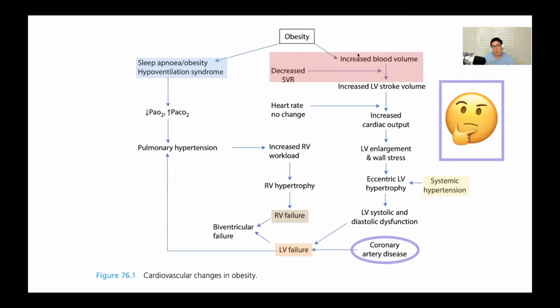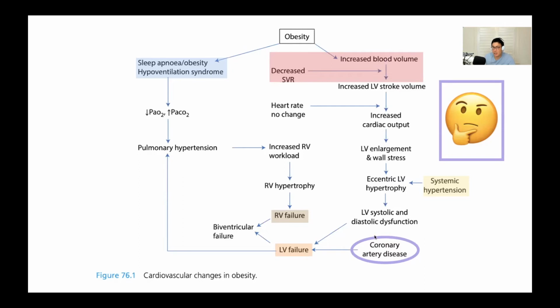The thing that I will credit Power and Cam for is this idea that coronary artery disease can cause left ventricular failure. And we certainly know that patients who are morbidly obese have an association with an increase in coronary artery disease, which can contribute to left ventricular failure.